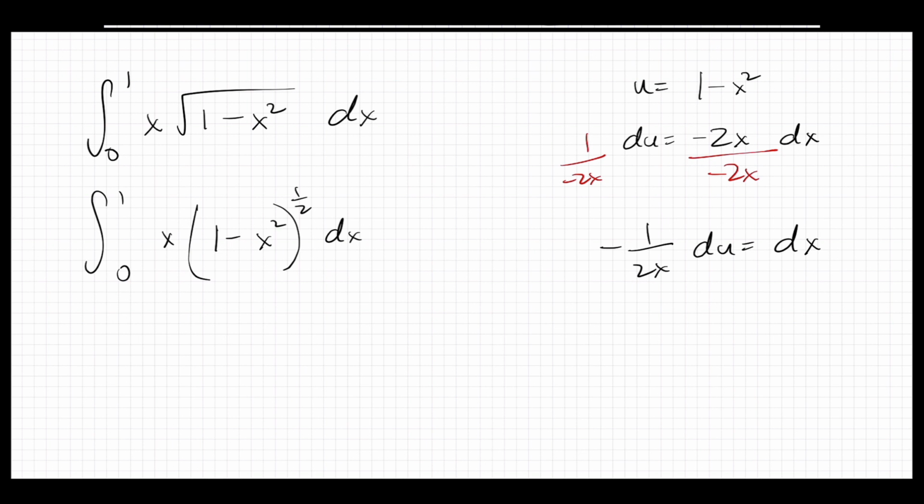So u is 1 minus x squared. So the derivative is negative 2x dx. So dx equals du over negative 2x. So now I got to plug it in.